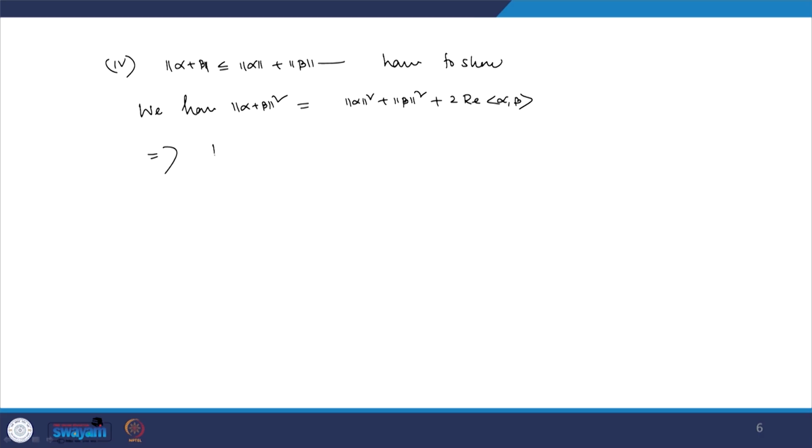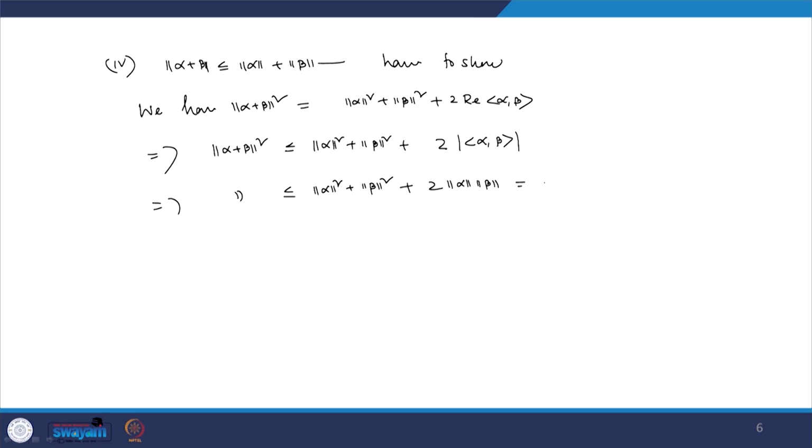So, this implies norm of alpha plus beta whole square will be less than or equal to norm of alpha square plus norm of beta square plus 2 times absolute value of the inner product of alpha beta, because the real part vanishes as we have taken the absolute value. By the Cauchy-Schwarz inequality, which we have already proved, this is less than or equal to norm of alpha square plus norm of beta square plus 2 times norm of alpha into norm of beta.